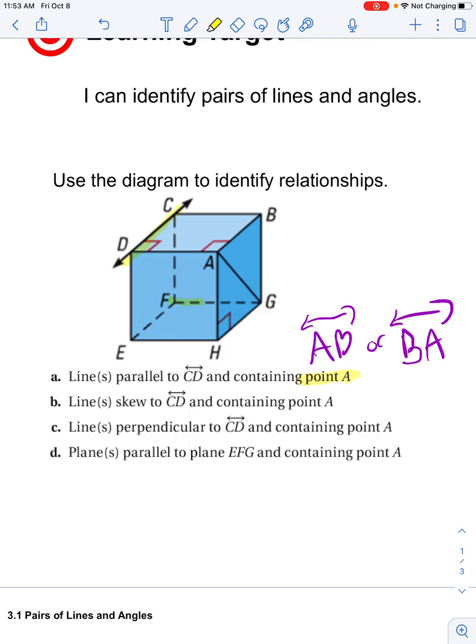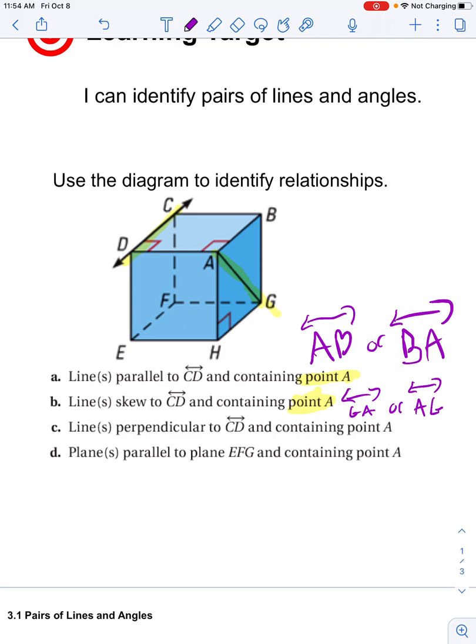So skew would be FG because it's below it, line EH, and line GA, because if you think about it in 3D, these lines are never going to cross each other because they're on different levels. Containing point A eliminates these two, so I'm only left with line GA or line AG.